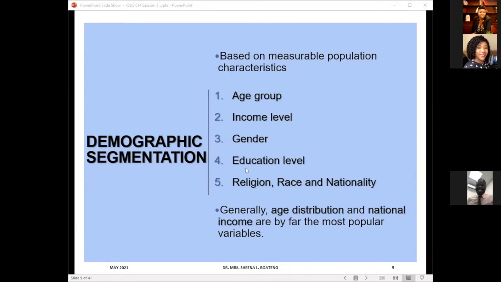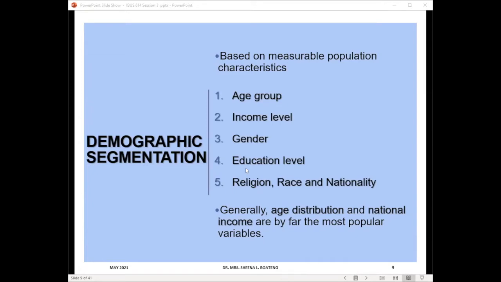Okay, so on the issue of demographic segmentation, like I mentioned, these are based on measurable population characteristics like age and income, which we discussed in detail last week when we were discussing the concept of the gross national product and the gross domestic product, and how it helps to determine the economic situation in a particular market and helps firms to determine whether or not this market is attractive enough to even enter into.